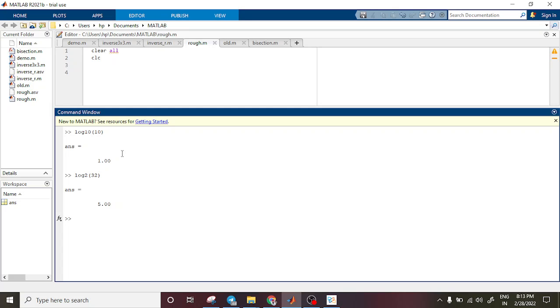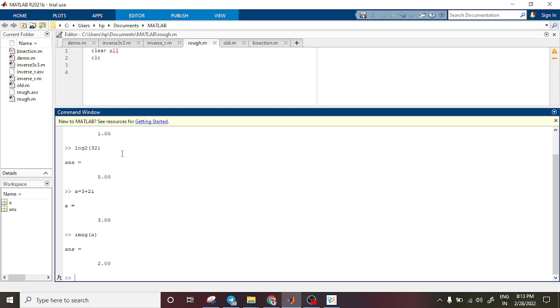Next one is from complex numbers. So the complex number is e is equal to 3 plus 2 iota. So if I'm writing imag, imaginary part of this one is 2, right?